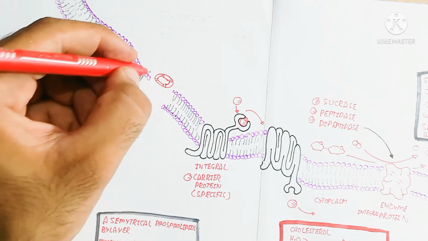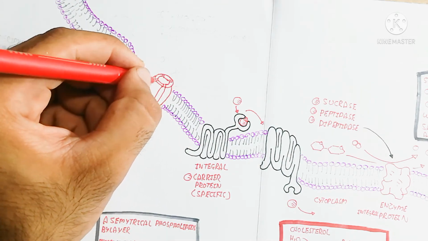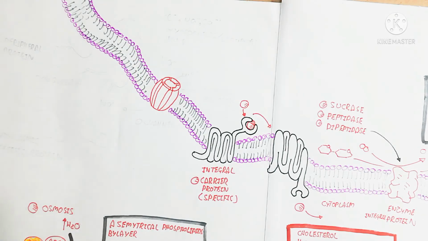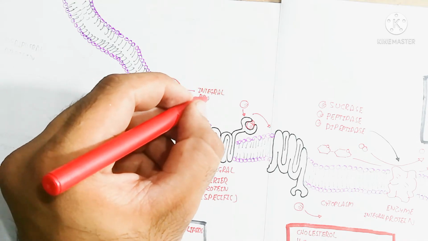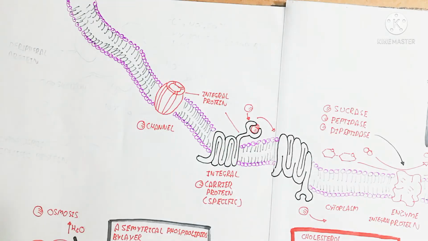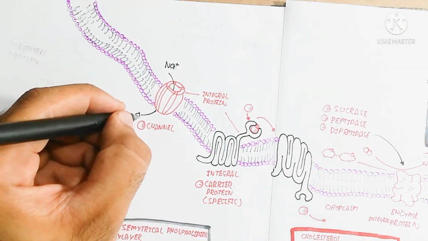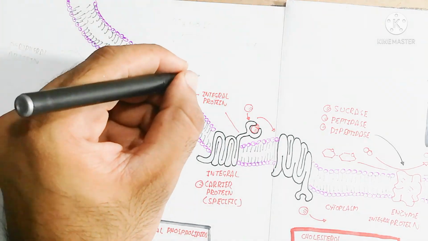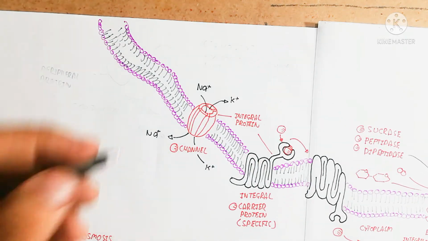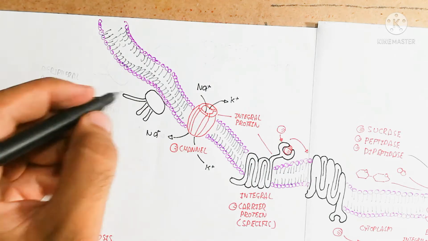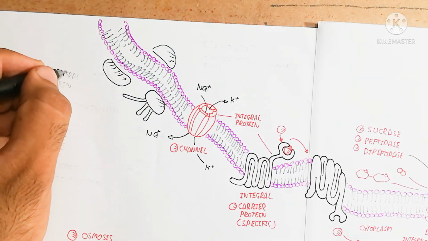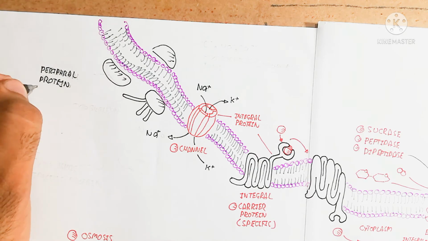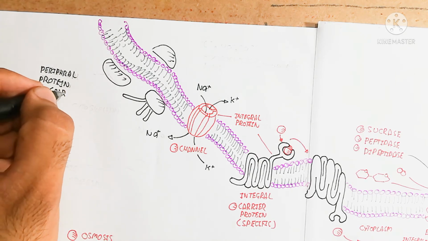On the other hand, here the integral protein is known as the specific carrier protein. It is specific for every molecule and captures the molecule for movement inside by changing its shape through the binding of the molecule. One more thing: a channel-like protein is also an integral protein because it is embedded in the plasma membrane.